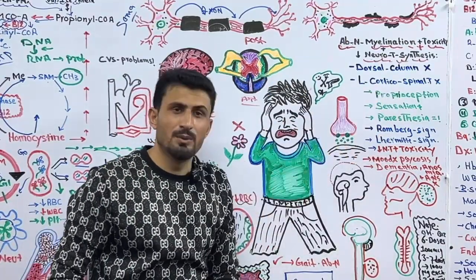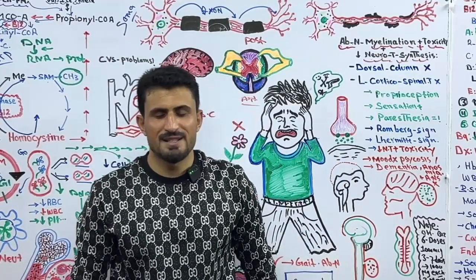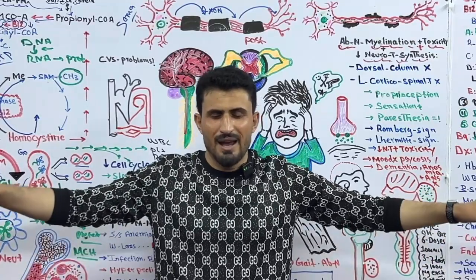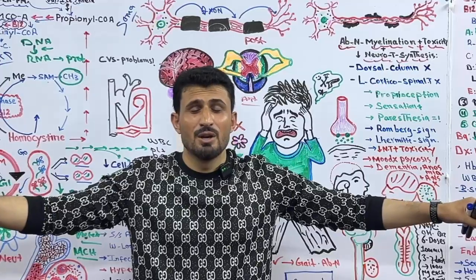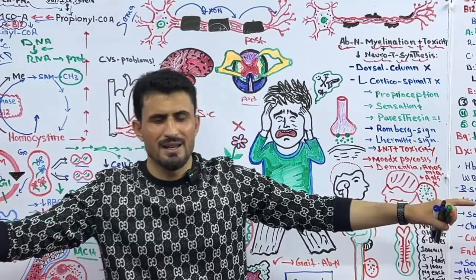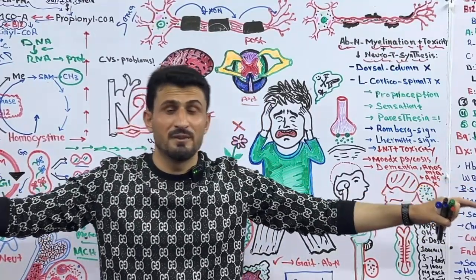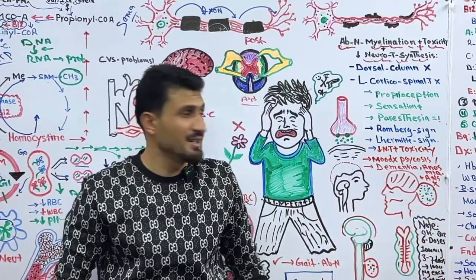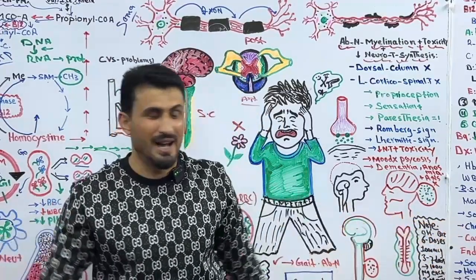So the patient will develop, for example, when you tell the patient to close your eyes and stand like this, when the patient closes his eyes, he suddenly falls, suddenly losing control of balance and 3D space. This is called Romberg sign.